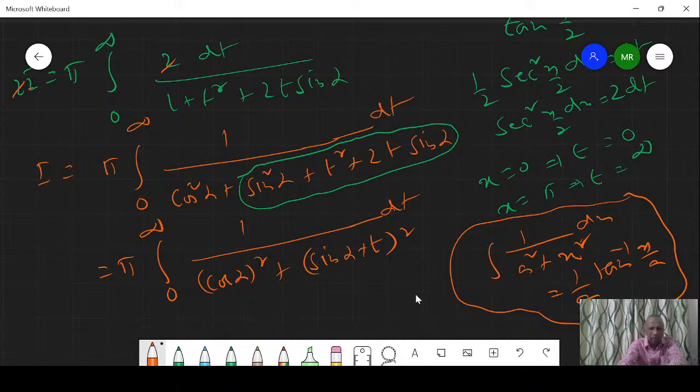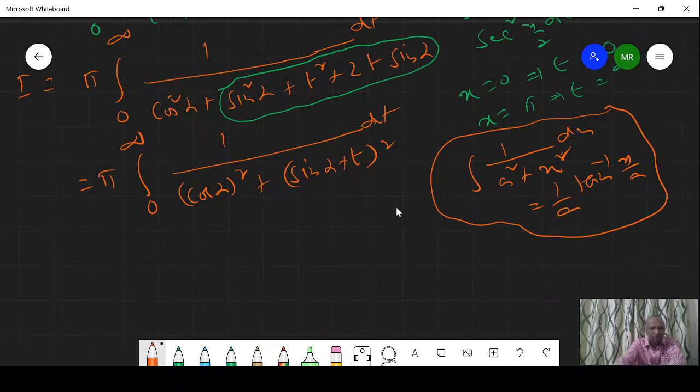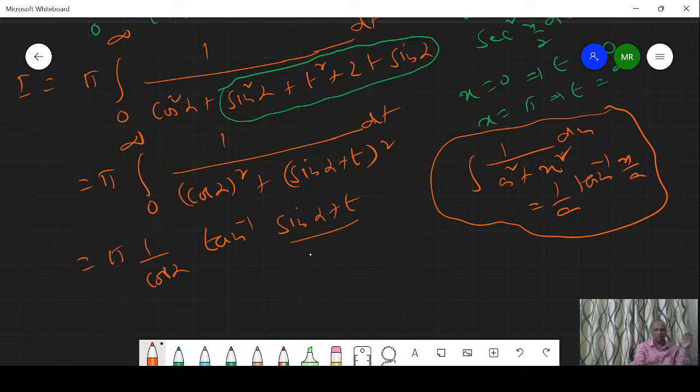So I can write pi into 1 by cos alpha, tan inverse of x, meaning sin alpha plus t, divided by a, meaning cos alpha.